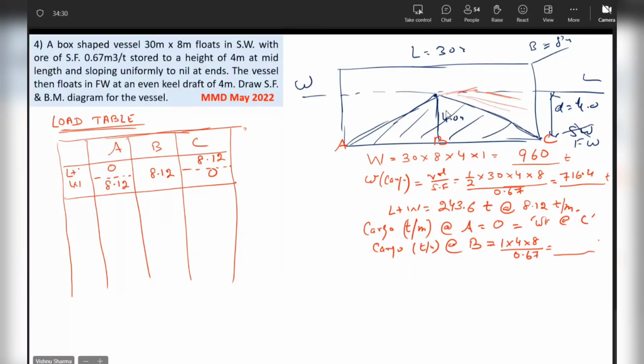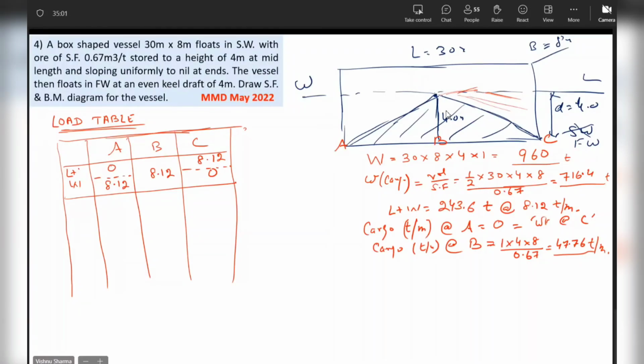How much is the weight of the cargo per unit length at B, beta? 47.76. We can round off everything to 1 decimal place also, but there may be some residual at the end which will be rounding-off error. But if you continue like this, there'll be no spillover.